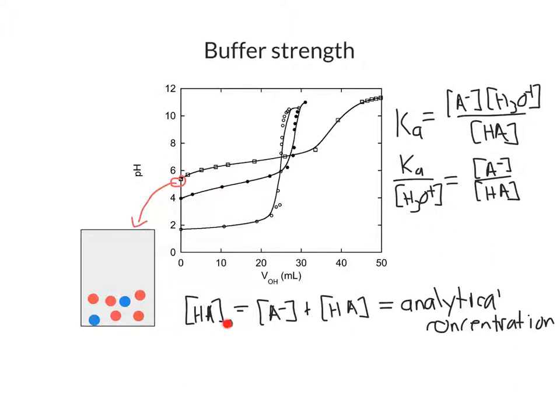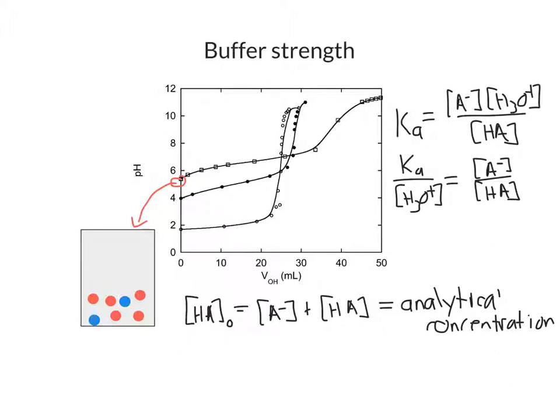If we know the total amount of HA that we started with, then we know that A minus and HA have to add up to that total amount. And so this equation plus this equation will always allow us to calculate the concentration of A minus and the concentration of HA, two variables, two equations, in any solution given the pH, the Ka, and the total analytical concentration of acid that I started with.